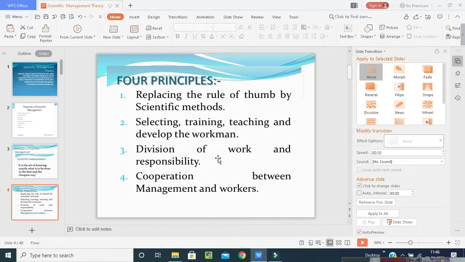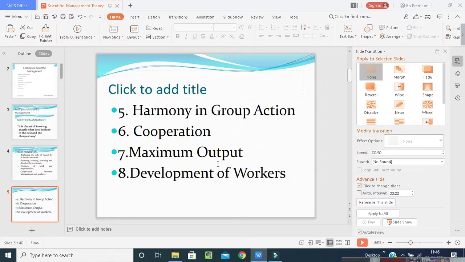Next one, cooperation should be there. Once the division of the work takes place, it is the duty of the employees to cooperate with each other, and there should be cooperation between management as well as the workers. Next one, there should be harmony in the group sections. Harmony means there should be peace. The people should enjoy the work. There should not be any conflicts among the colleagues.